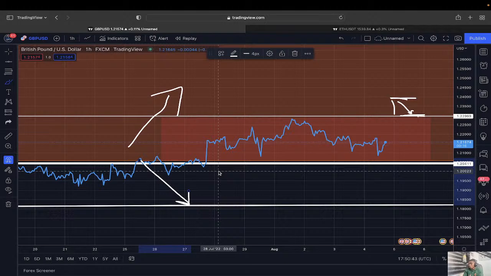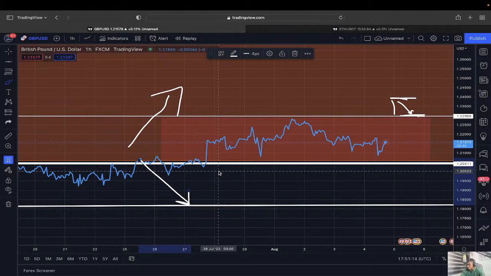There are persons who use the RSI or the stochastic just to track overbought and oversold regions. So the best indicator and the best time to enter the market are individual. You wait to see what happens, and you practice with different indicators to know which one works best for you.